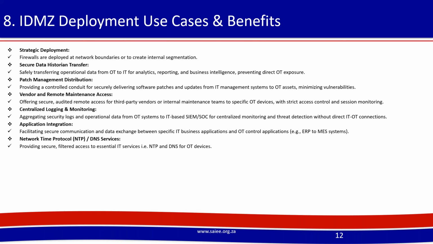And similarly for things such as patch management, this industrial demilitarized zone can provide a safe way to deliver vital software updates to OT devices, which is critical for security, but must be done carefully to avoid disruption. And if there are any critical patches that need to be done, normally these are done during outages.